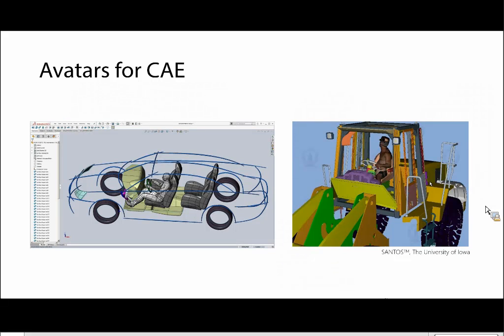So our hope is by having this rich data set of 3D scans of drivers, we should be able to provide a more accurate anthropometric reference for the people who are designing vehicles.